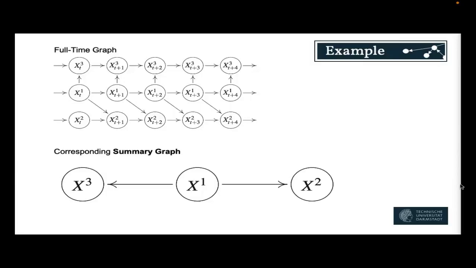And we're not denoting this by a self-cycle, according to our definition. To, at least at this point, we avoid acyclicity. And then we see that x1 is affecting both x3 and x2. It's a fork, right? And so that's what you end up with. So even if in this part, maybe x1 would not have any influence anymore, because in the full-time graph, at some point it had, we draw this edge, right?